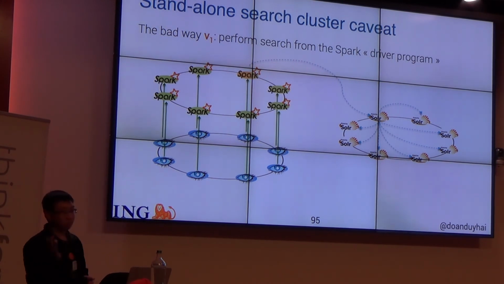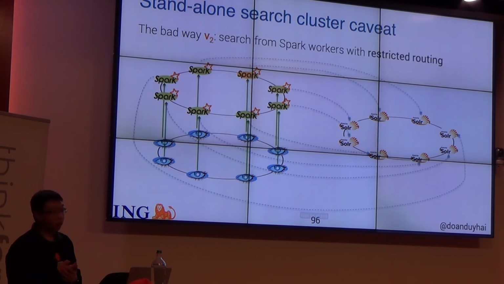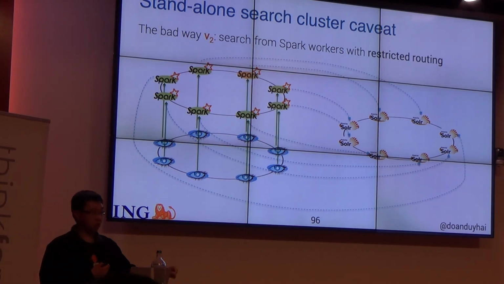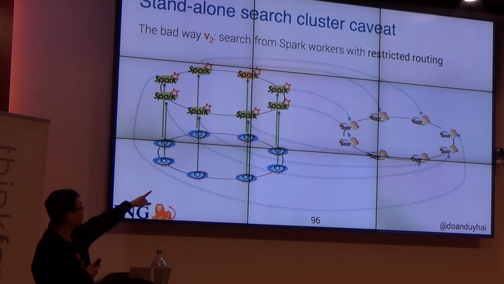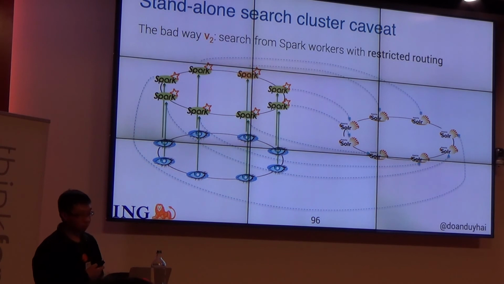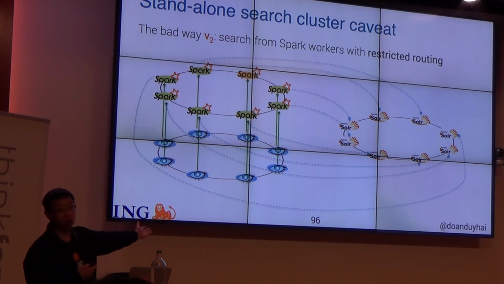It will retrieve a lot of IDs on one machine, and then use those IDs to ask Cassandra. Another way is, inside each Spark worker, I will issue a search request with restricted routing to each of the Solr nodes, but again, a lot of network traffic.